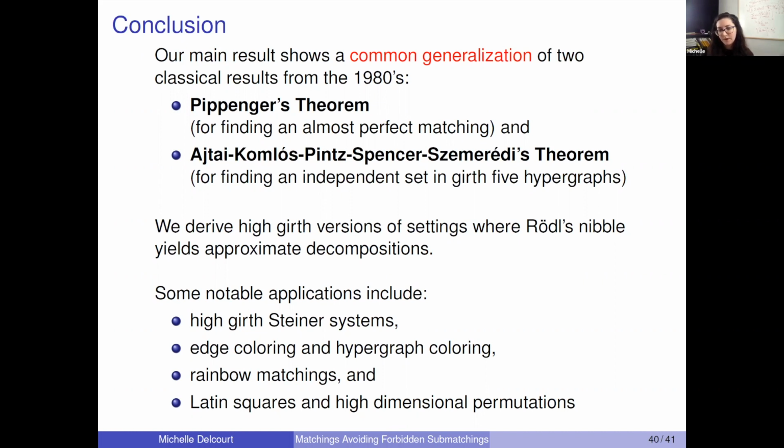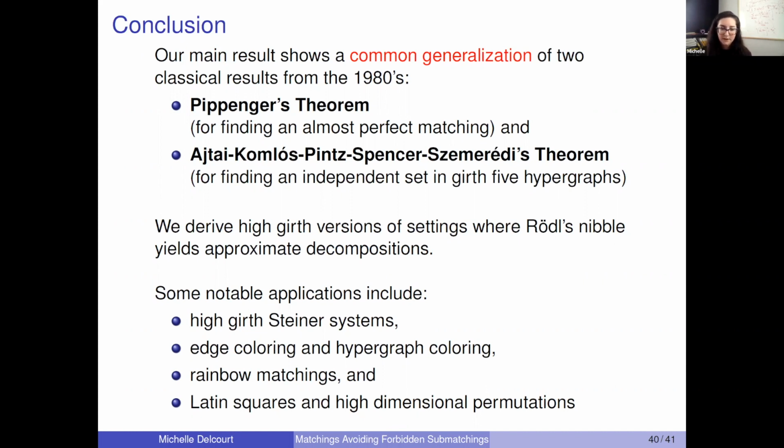Since this paper appeared on arXiv, a number of groups have also used it to do things with Turán densities, and very recently, also on arXiv, someone used it to prove a conjecture by Brown, Erdős, and Sós as well. So there are a lot of potential applications.